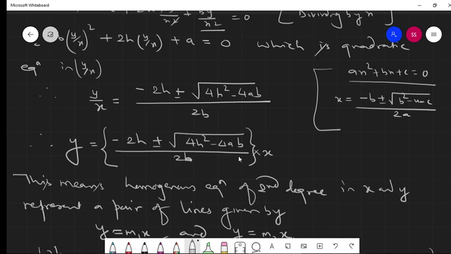This means a homogeneous equation of second degree in x and y represents a pair of straight lines, because if x is 0, y also becomes 0. We supposed m1 is minus h plus root under h square minus ab by b, and m2 is minus h minus root, plus for m1 and minus for m2. Then we get two lines passing through the origin.